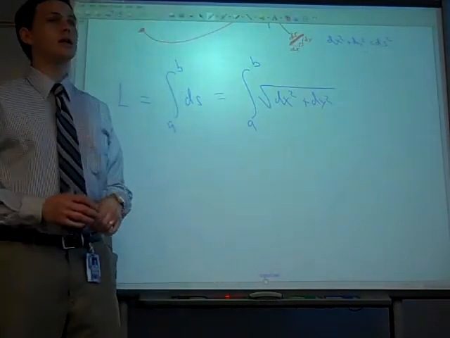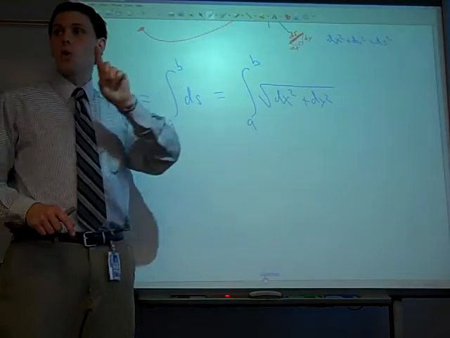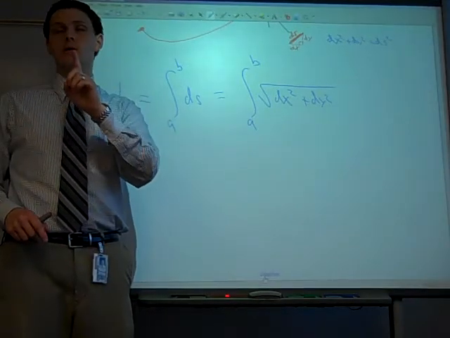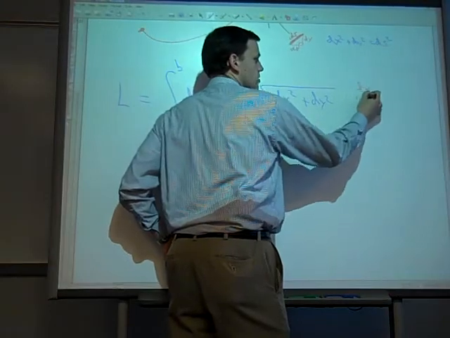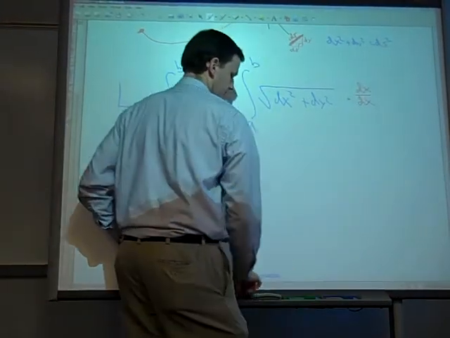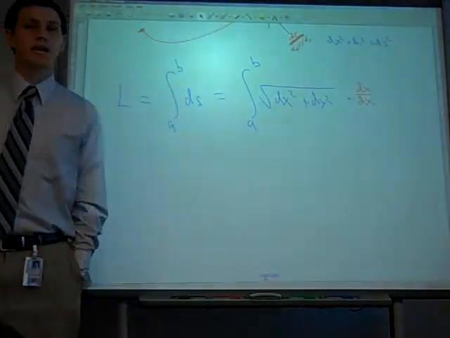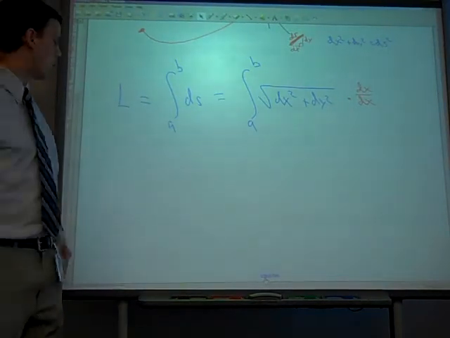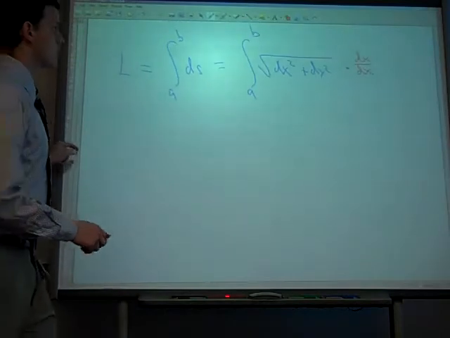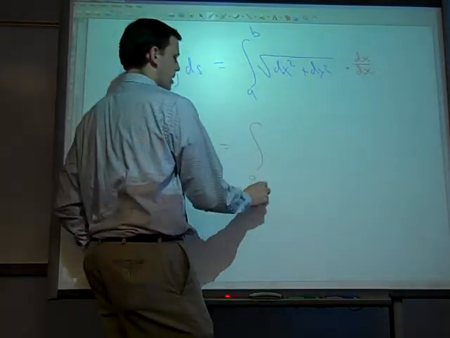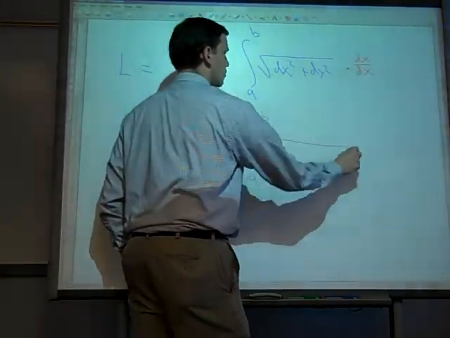The first one is we're going to multiply this by 1. But we're going to be clever by how we write 1. We're going to write 1 times dx over dx, because dx divided by dx is 1. So we're multiplying by 1. Now we have the integral from a to b times the square root.